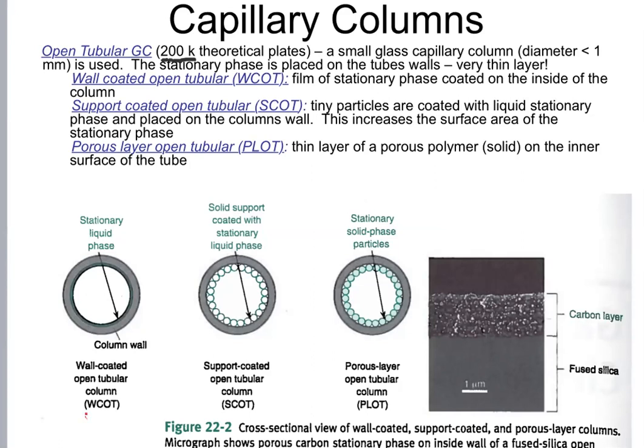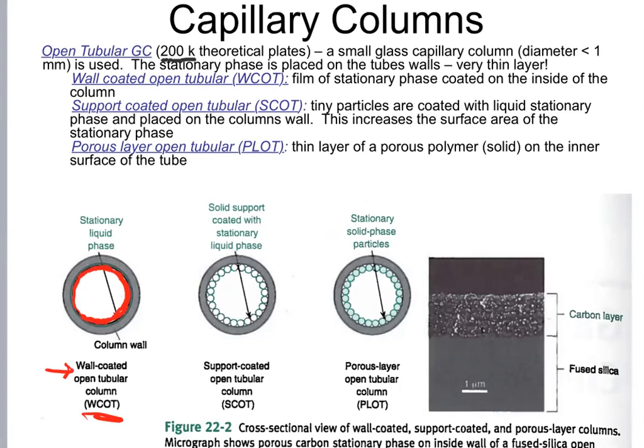One is to create a WCOT, or a wall-coated open tubular column. If we're going to create this type of column, we coat a thin layer of stationary phase right on the inside surface of our tube, the whole tube from start to finish. Thin layer of stationary phase on the inside. If we do that, that is a wall-coated open tubular column, as the name suggests, okay?